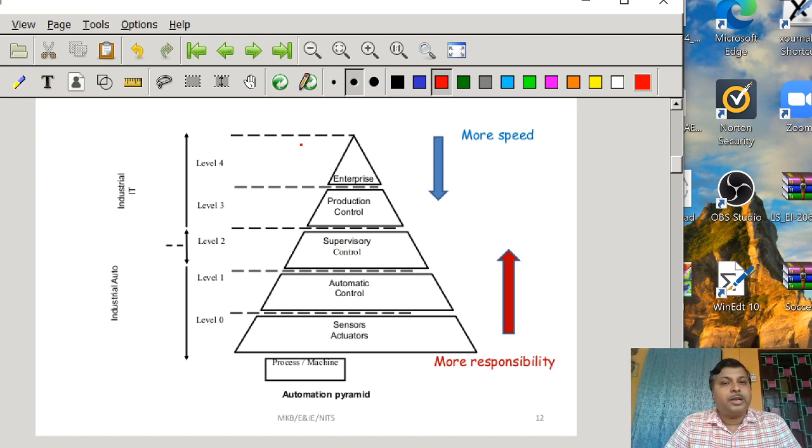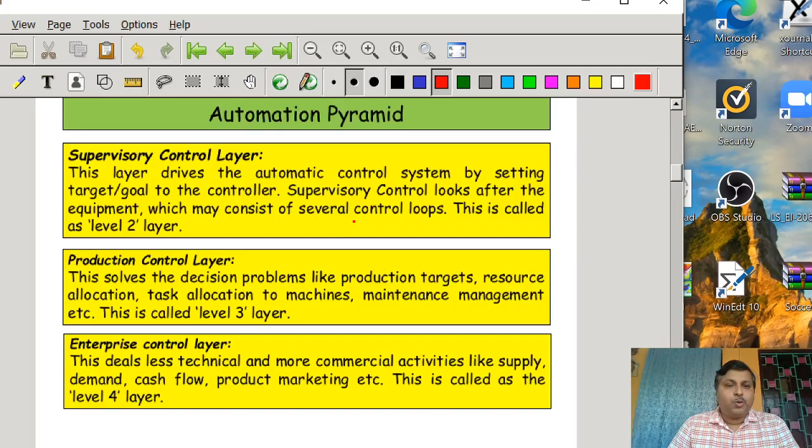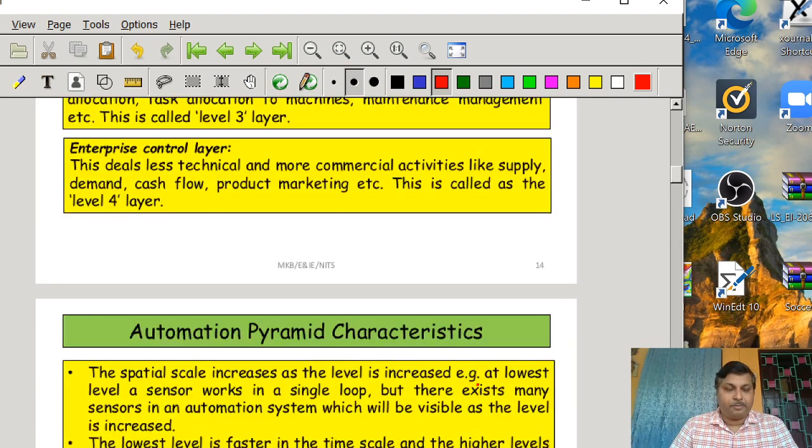And at level 3 and level 4, mostly managerial persons will be involved to handle the production control and sit at the enterprise to look after the entire industry. That's why this deals with the less technical, more commercial activities like supply, demand, cash flow, product marketing, etc. This is called the level 4 layer.